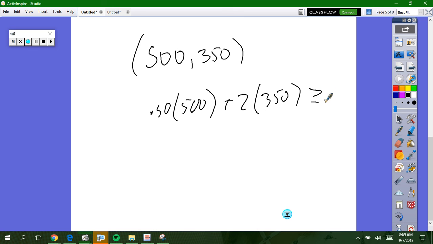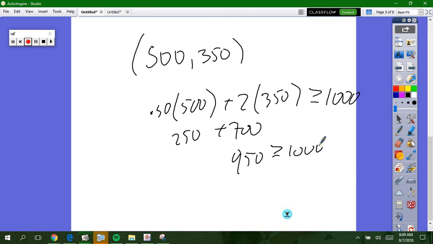Is that greater than or equal to 1,000? This comes out to be 250. This comes out to be 700. Was it a solution? Not a solution, was it?